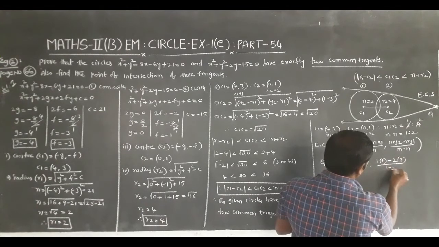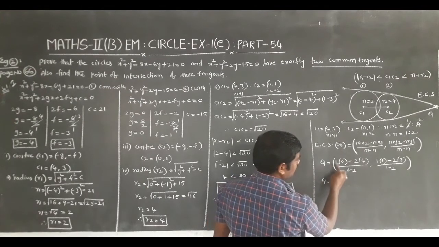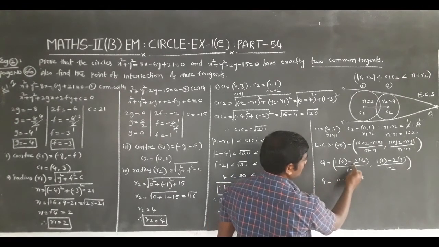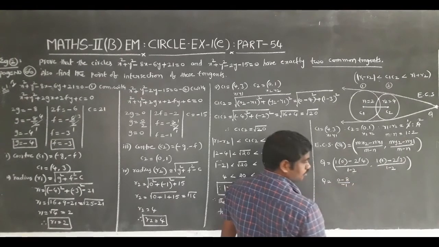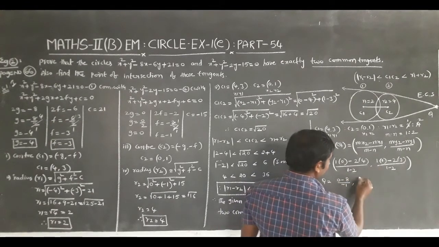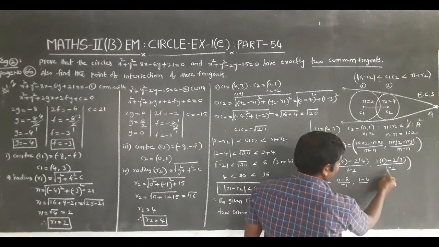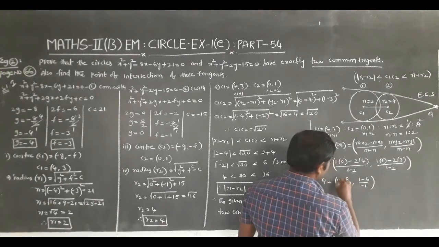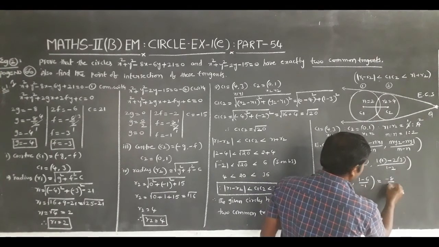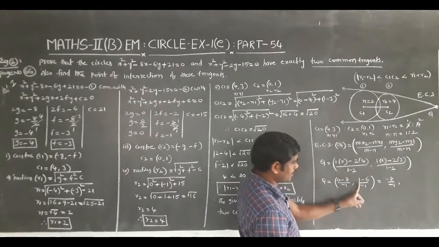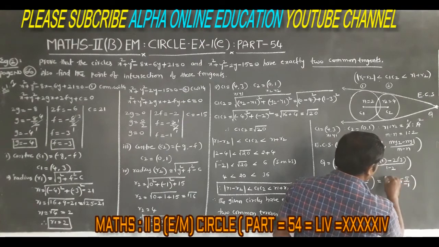Q is equal to (1 into 0 minus 2 fours are 8) by (1 minus 2), which is minus 8 by minus 1, and (1 into 1 minus 2 threes are 6) by (1 minus 2), which is minus 5 by minus 1.